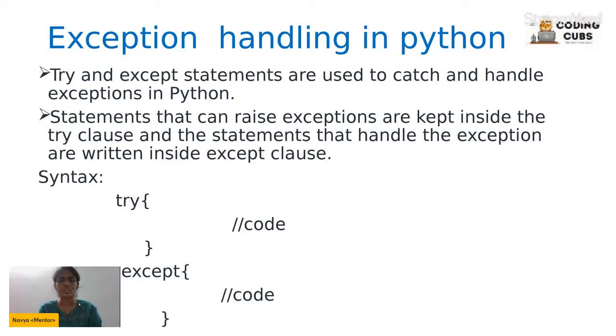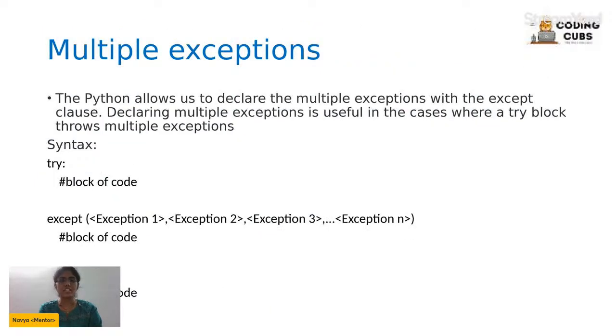Next, multiple exceptions. Python allows you to give multiple exceptions. If your program has multiple exceptions in the try block, like the built-in exceptions we have already seen, IOError, ZeroDivisionError, you can specify all of these in the except block.